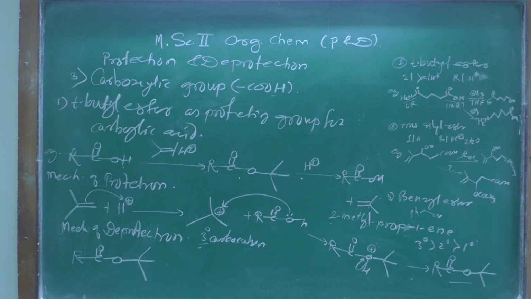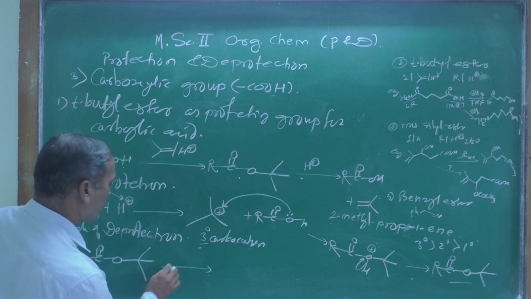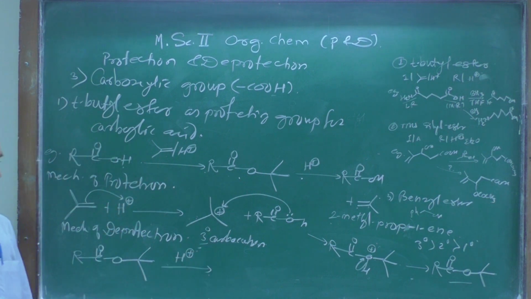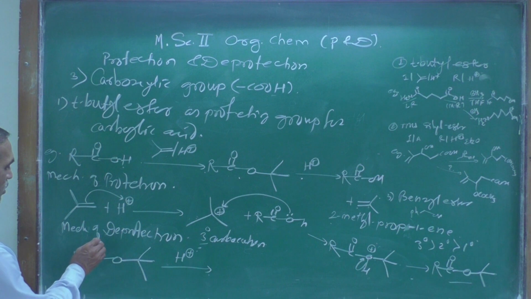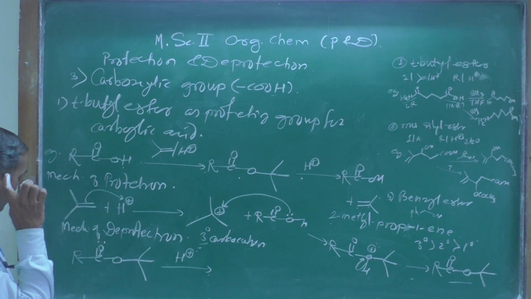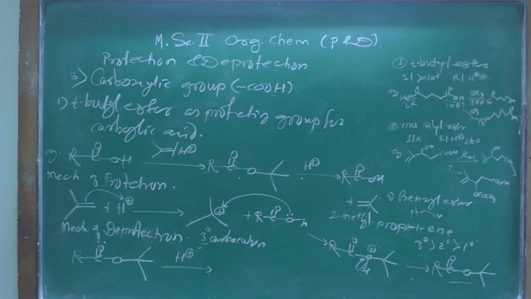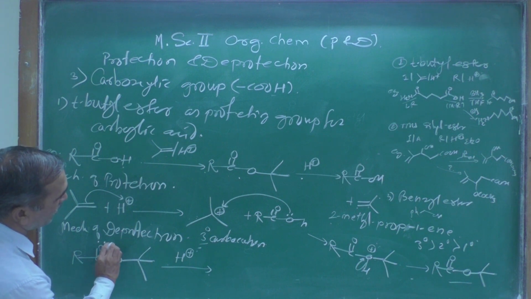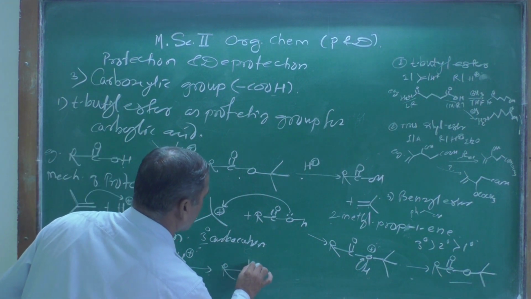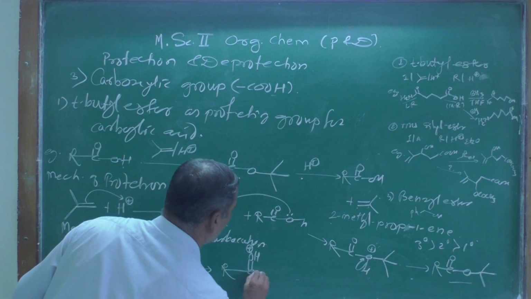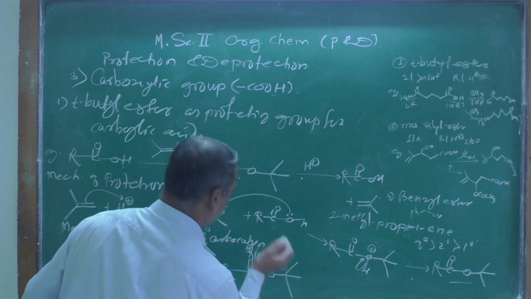under the acidic condition. Now we are treating this compound with a catalytic amount of acid. There are two oxygen atoms, and therefore the lone pair which is present on that oxygen atom as well as on this oxygen atom, any one of them will attack that H plus, and you are going to get here R, then C double bond OH, positive charge over there, then O, then this tertiary group.